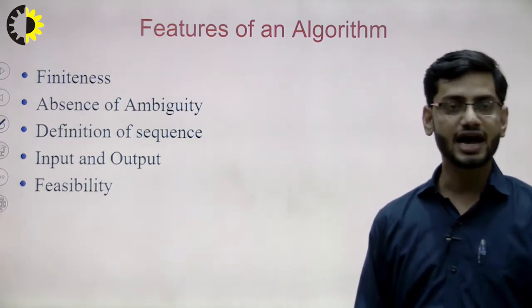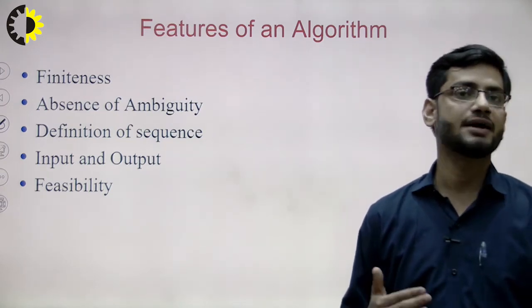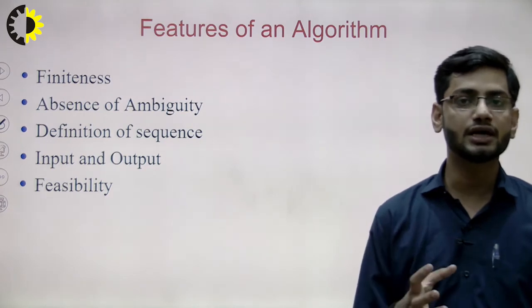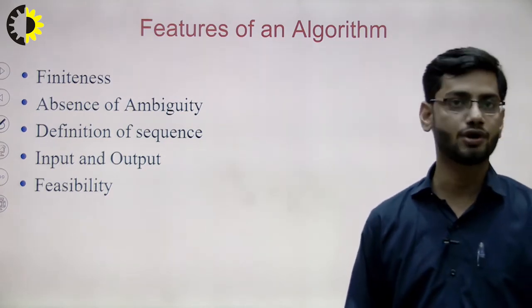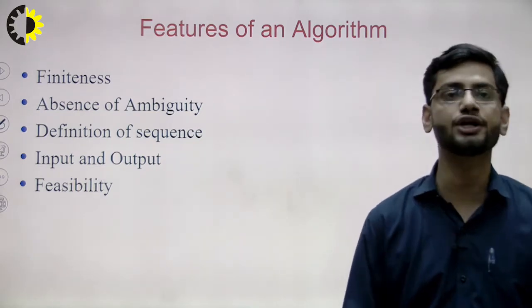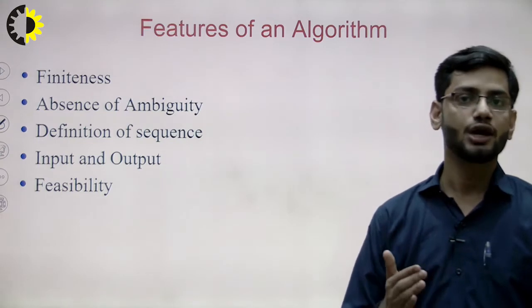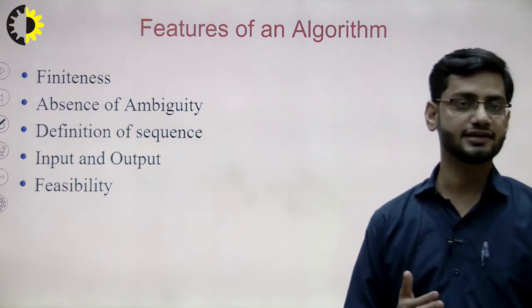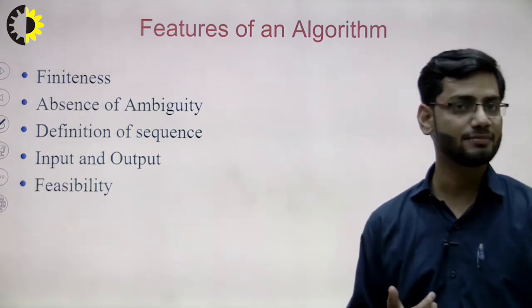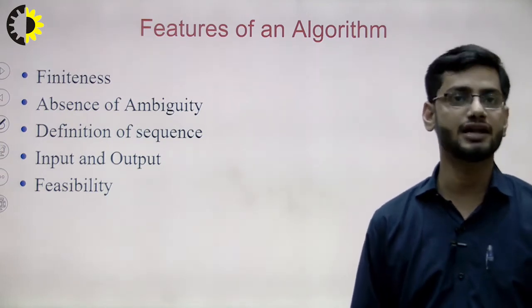For example, I have written an algorithm for detecting a prime number, for identifying whether a particular input number is prime or not. And I have presented this algorithm in front of 5 students. And if all 5 students report that yes sir, this algorithm is for prime number detection, then I will say that yes, my algorithm is unambiguous.